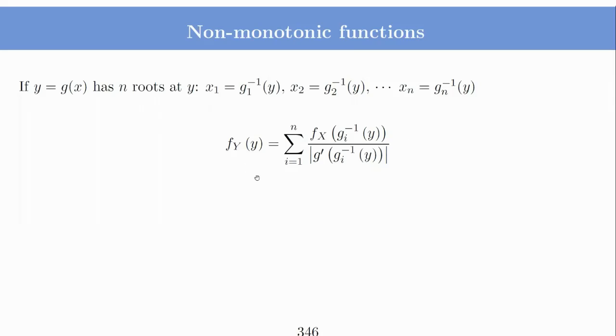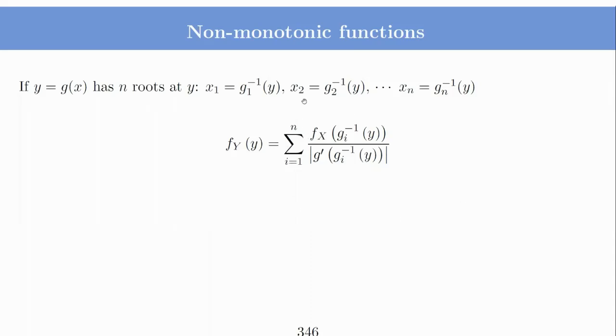So the total PDF is evaluated this way: you take the ratio of density divided by the derivative, evaluate it at each root, and then you add them up. Once again, you take the ratio of the density of x divided by the derivative of g, evaluate it at the g1 root, g2 root, and all those roots, and then add them. This will be your complete density.